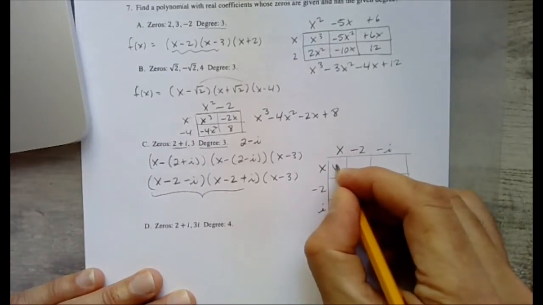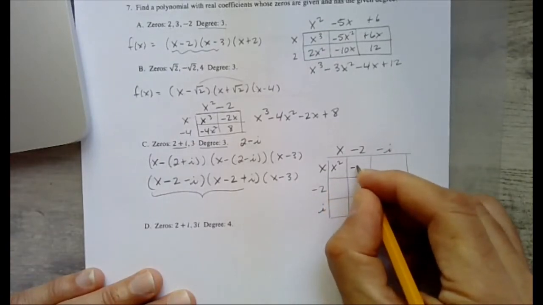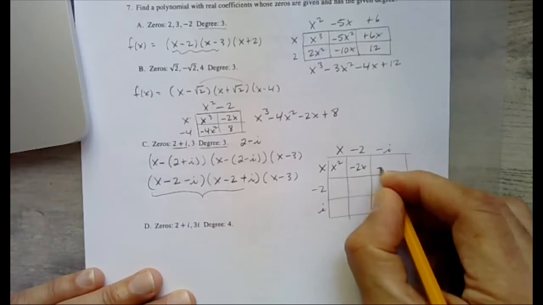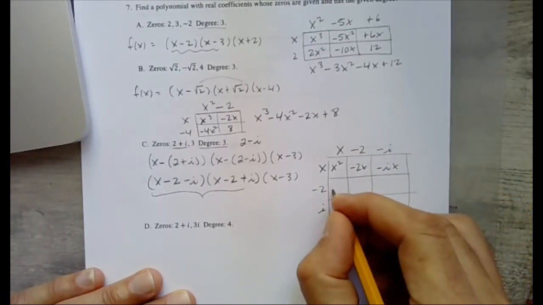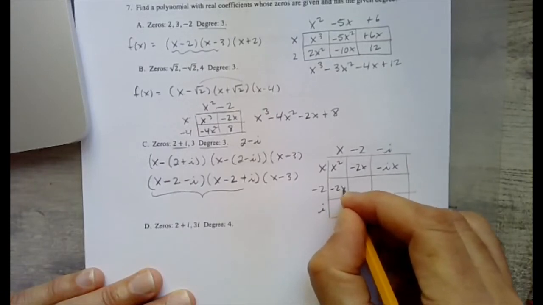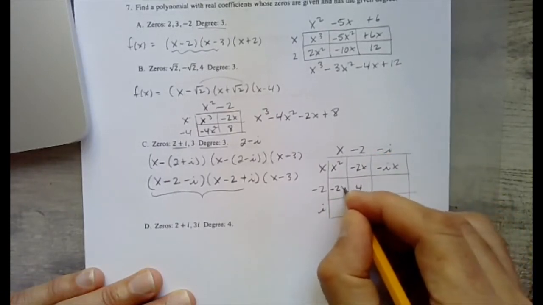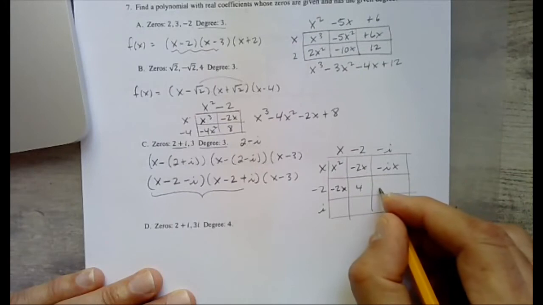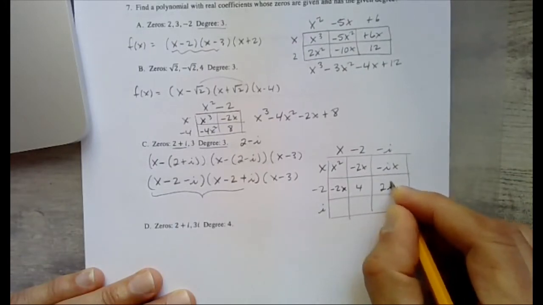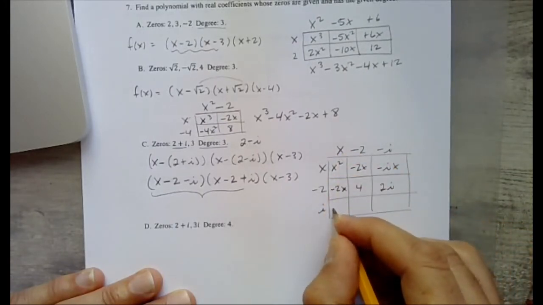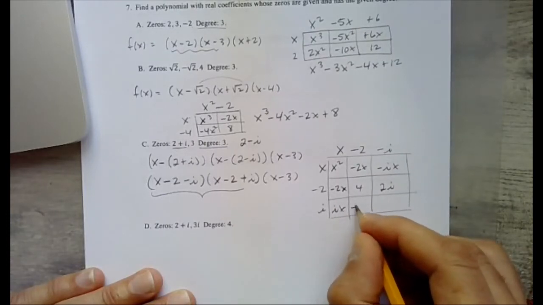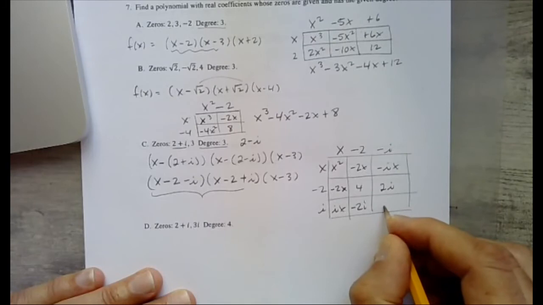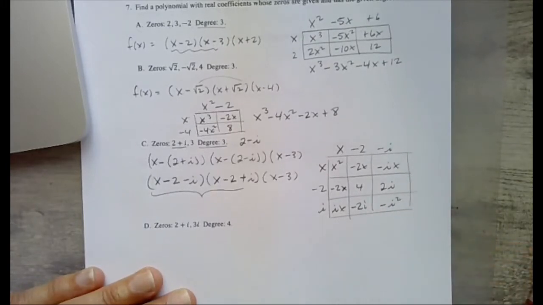These two are going to give me x squared minus 2x minus ix. This will give me minus 2x. This will give me 4. This will be plus 2i. This one will be ix. This will be negative 2i, and this will be negative i squared.